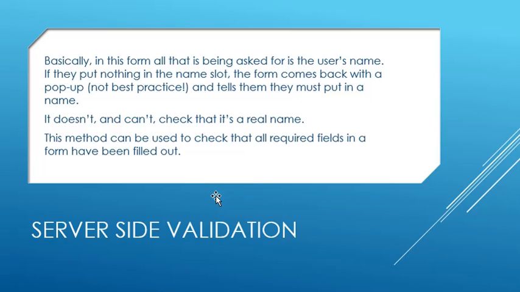You can use this method to check out all your required fields in one function. You can have your first name, and then you can check the last name, and then you can check the email address, and that there's something there, and so forth.